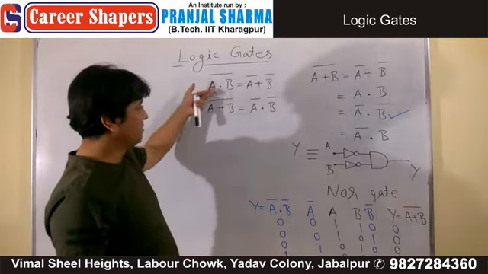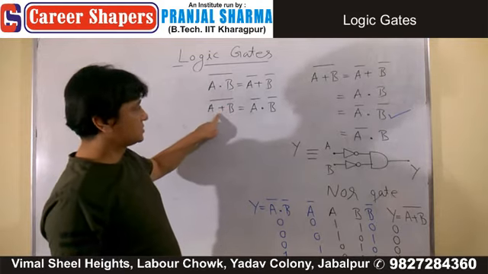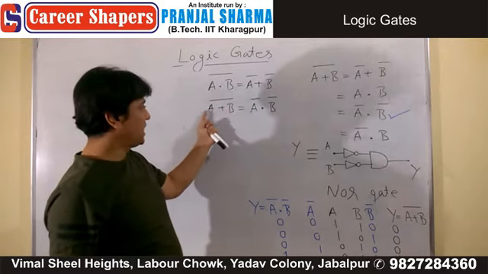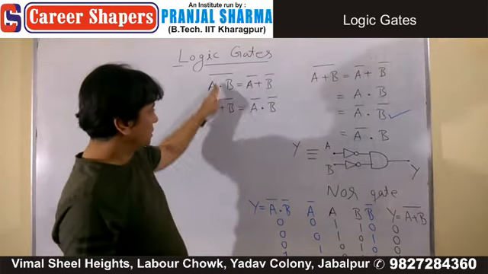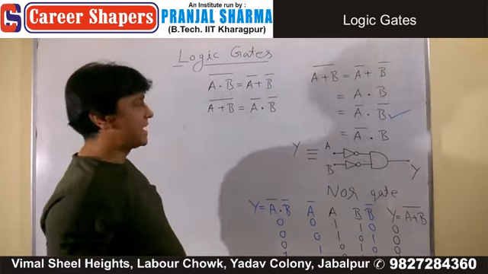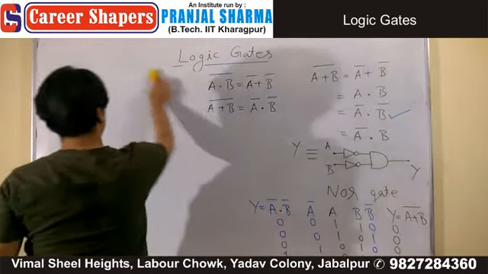Again, I'm telling you, remember these. Many times people make A plus B whole bar as A bar plus B bar. No, that doesn't work like this. A dot B whole bar is this. Hopefully you will remember this part.